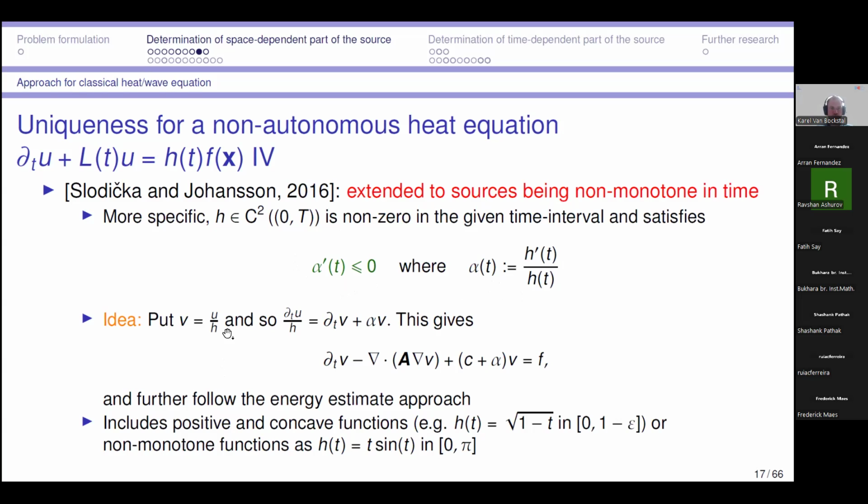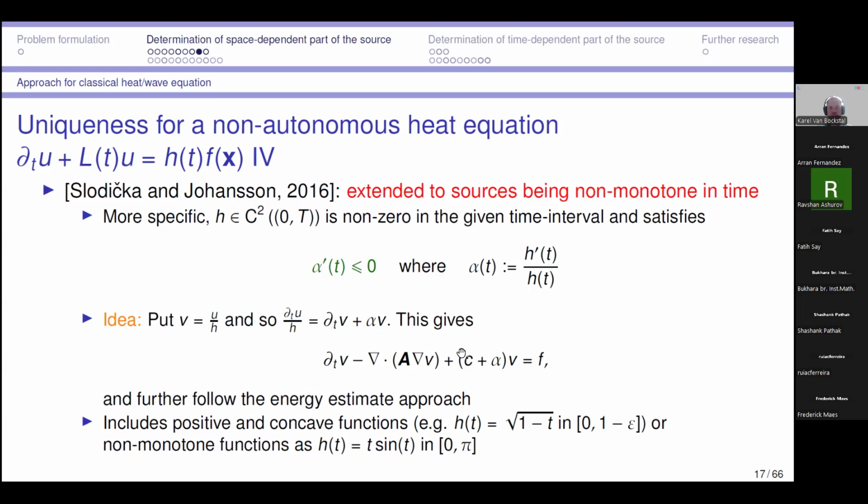And this comes from the following reasoning. You can maybe already deduce this from what I explained before, but I rewrote u divided by h as v, and expressed the time derivative of u divided by h in terms of v and alpha, which gave the following PDE, where in front of v we have c plus alpha. We have seen that there is uniqueness when the time derivative of c is negative.